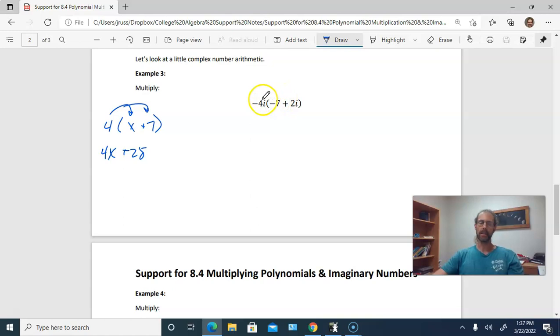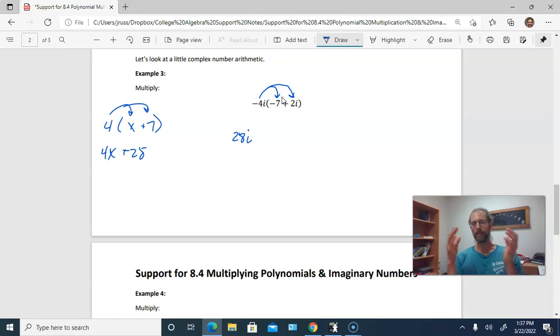What we technically have here, this negative 4i, is a purely imaginary number times this other complex number that has both a real and an imaginary part. But the way we're going to multiply this is by distributing. So we're going to say negative 4i times negative 7. We know negative 4 times negative 7 is 28, and you're just going to keep the i.